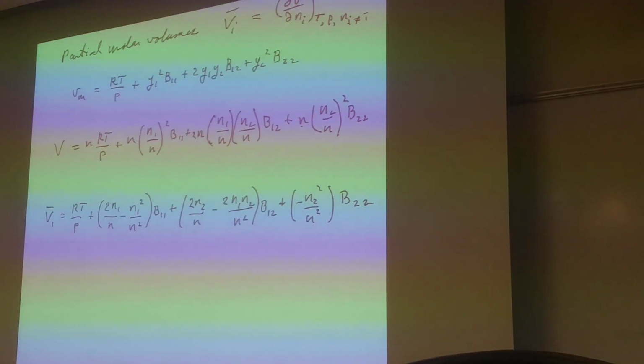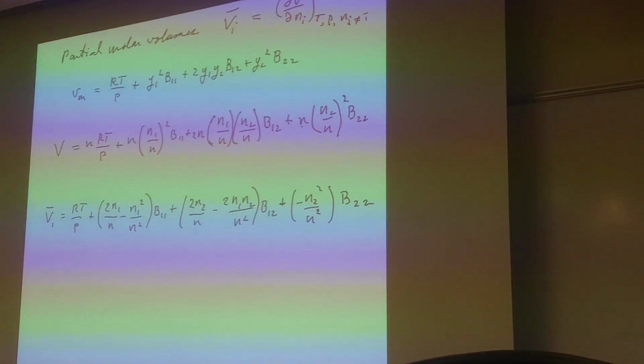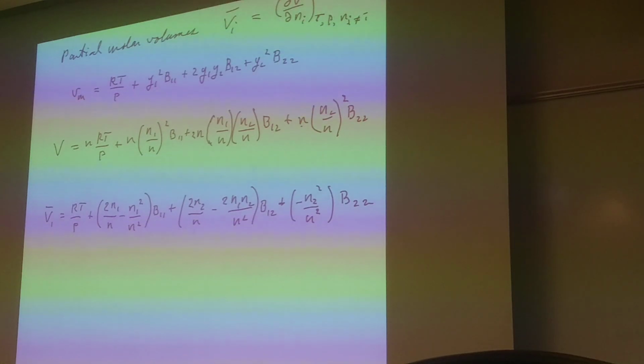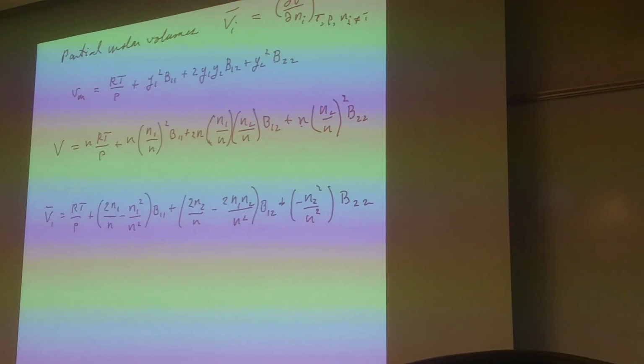And the next step in this systematic procedure is then to put it back in terms of y's. Now, that means that the powers of n have to work out so I can change everything back into mole fractions, and if you've done this and it looks like that's not the case, you've made a mistake. So let's do that.